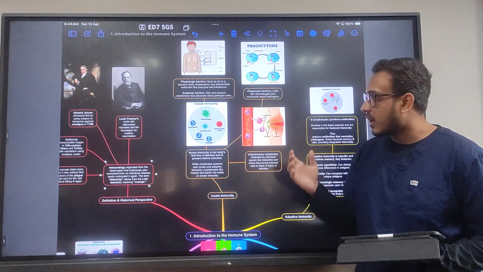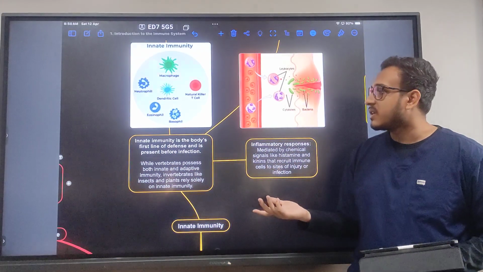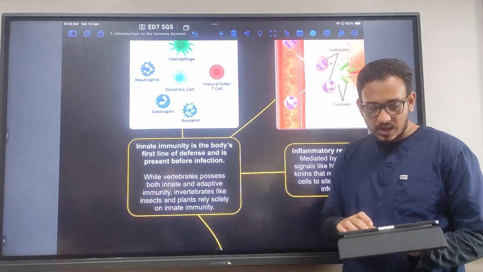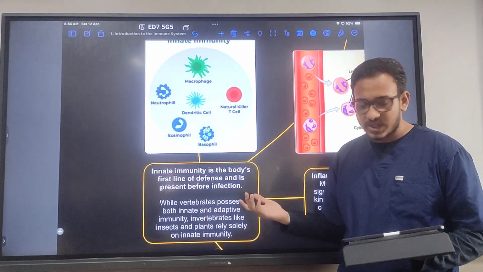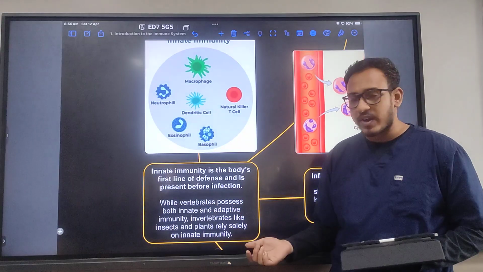Now coming to the actual immunity, there are two types: innate immunity and acquired immunity. Innate immunity is the body's first line of defense and is present before infection.